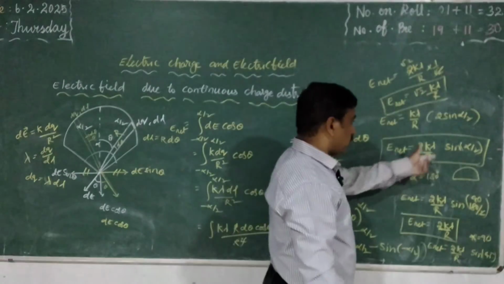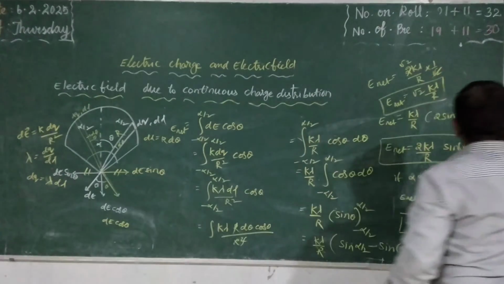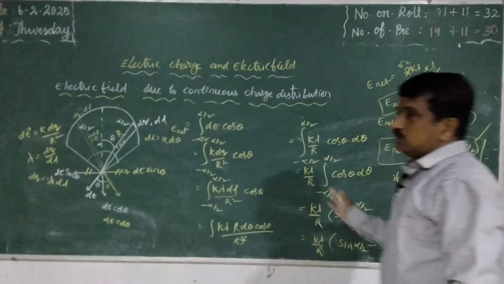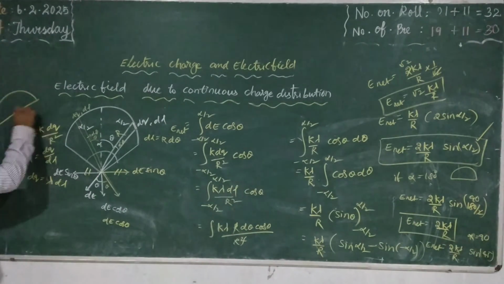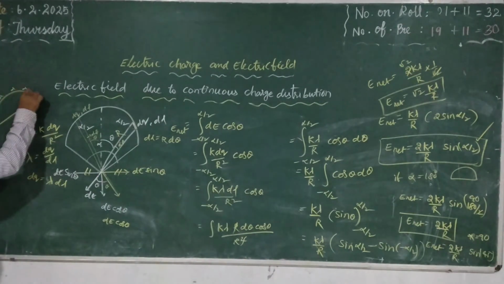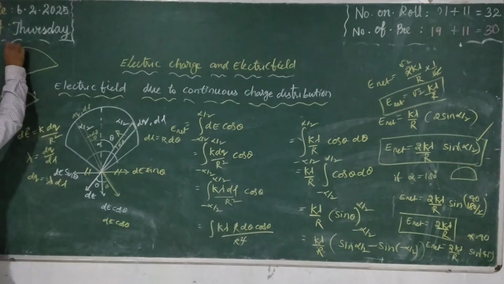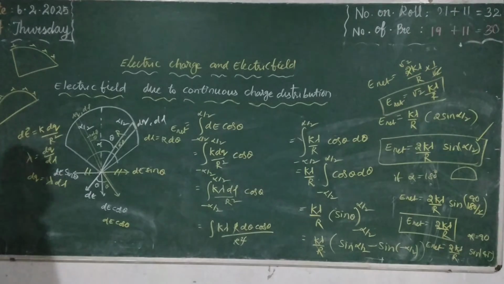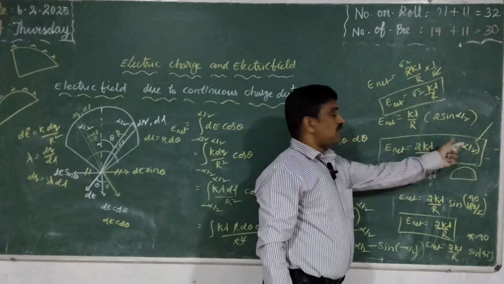E net equals 2k lambda by r sin alpha by 2.